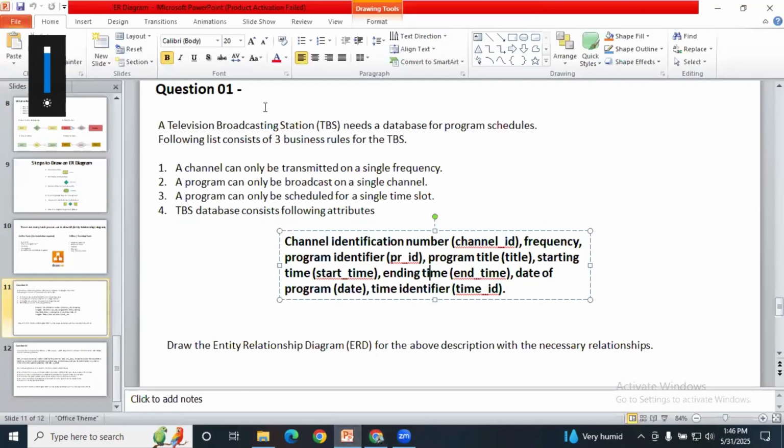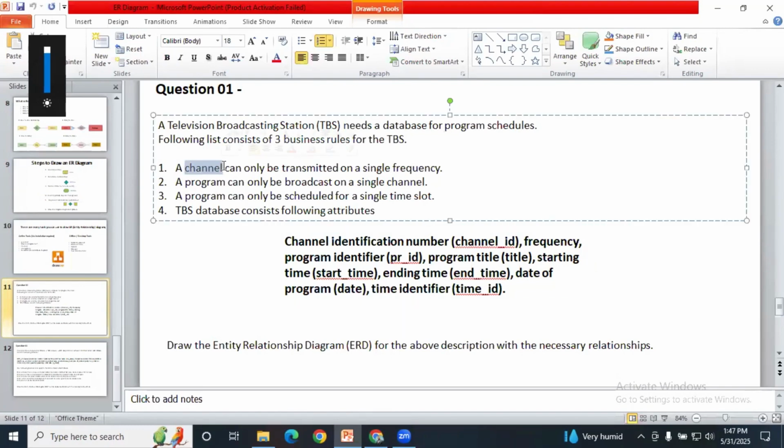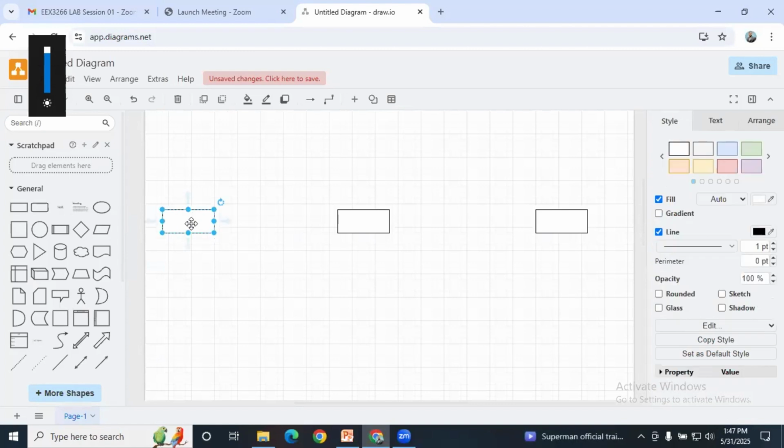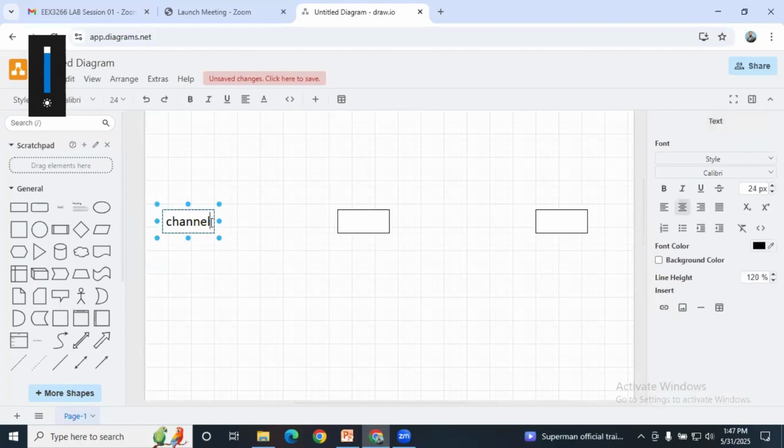Here, according to the scenario, they are saying a program can only be broadcast on a single channel. Firstly, in the first line, they are saying a channel can only be transmitted on a single frequency. So we can get channel as the first entity of the ER diagram.